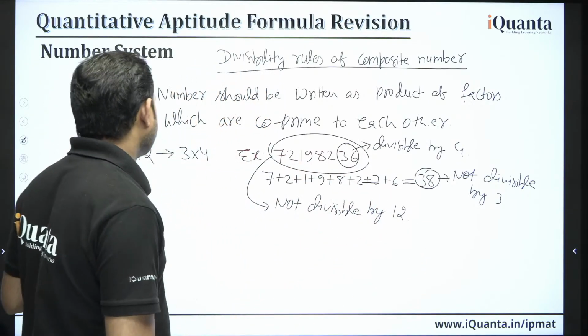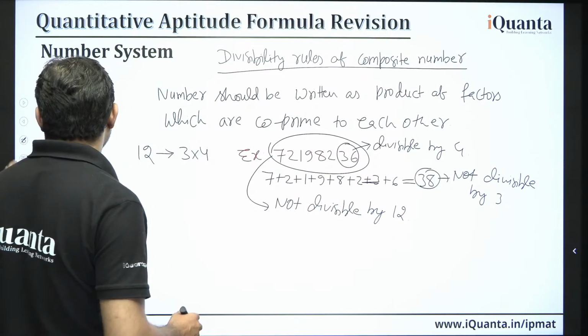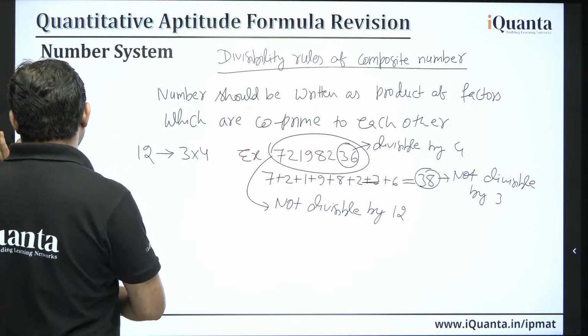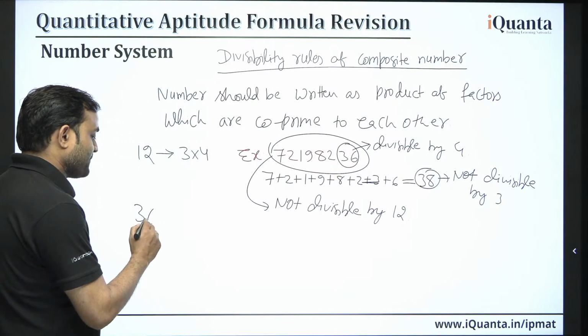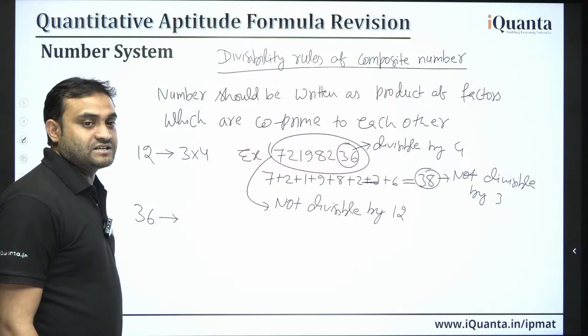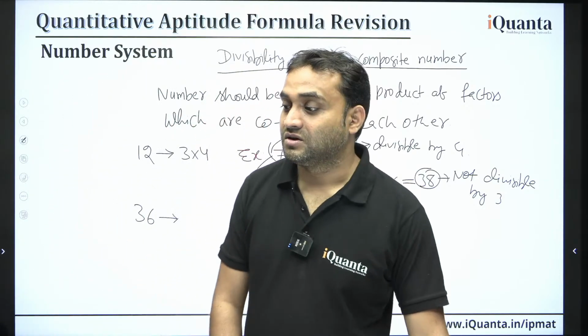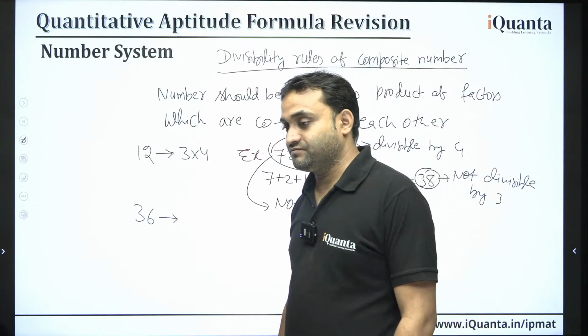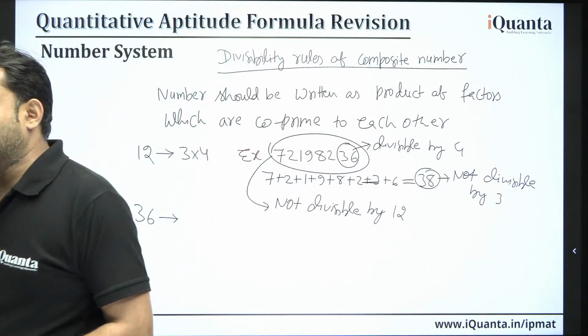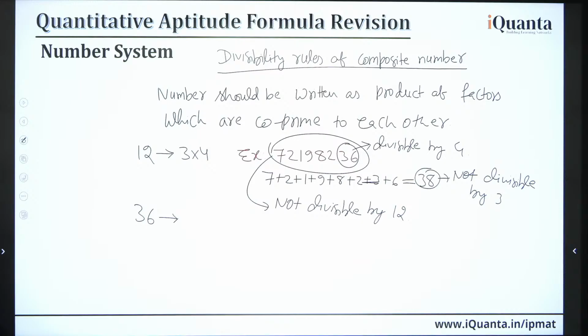Okay. Now, similarly, if you want to check more composite numbers, like let's talk about 36. If I want to check if a number is divisible by 36 or not, which two numbers should we check?